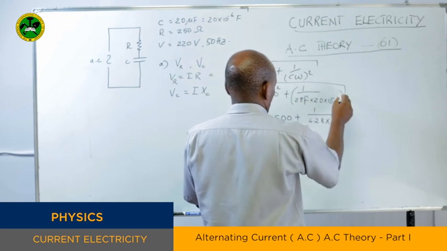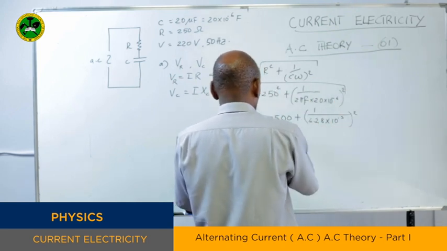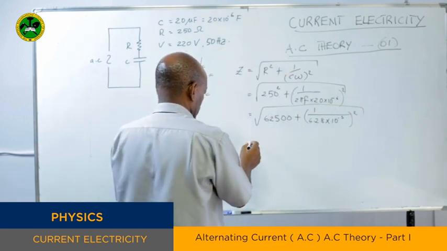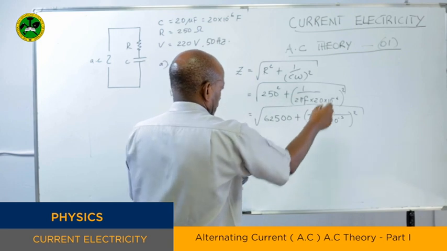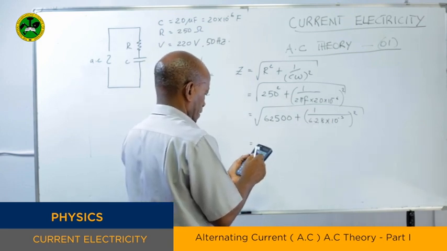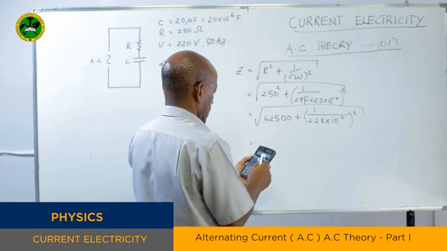Now remember, we have to square this so that we can take the square root of the sum.